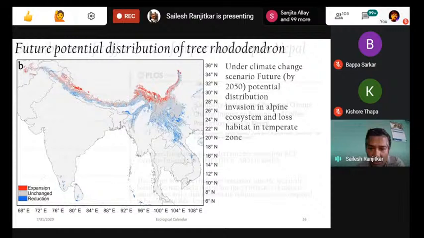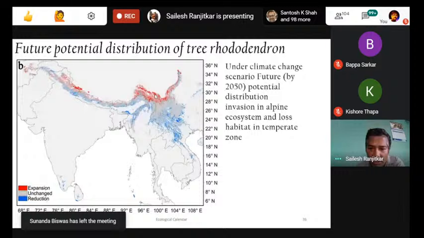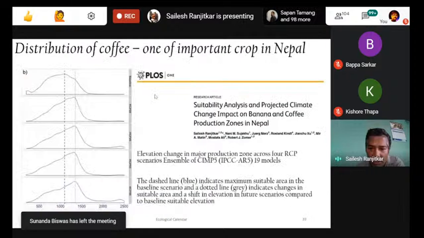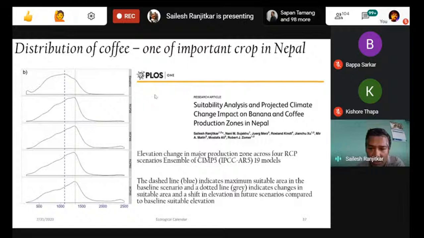So this is an example of how change in the bioclimatic zone will lead to a shift in the keystone species in the region. Now if we talk about crops, here is another paper we published in PLOS One, again using a similar model.